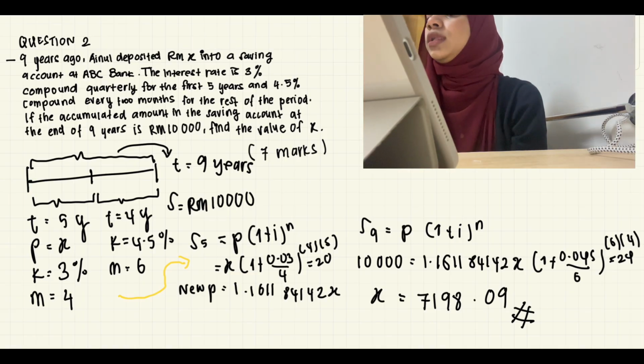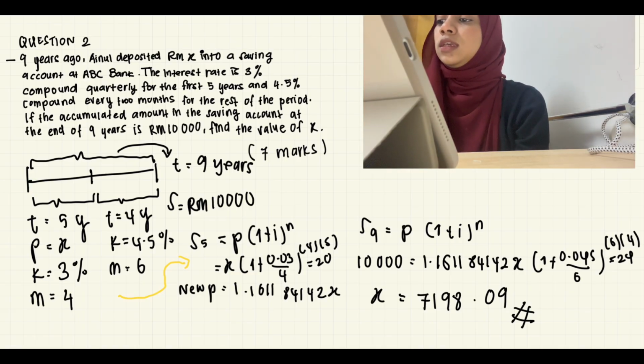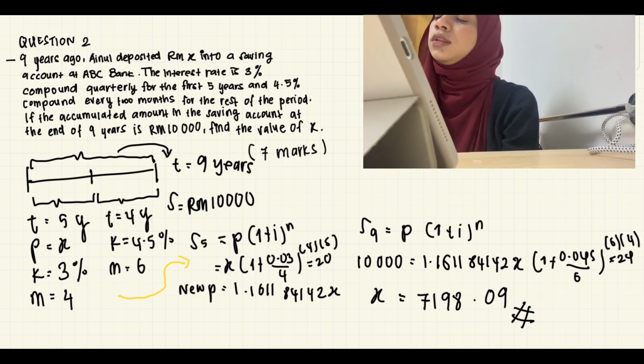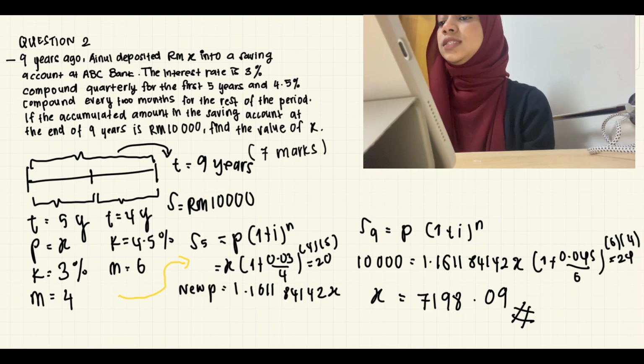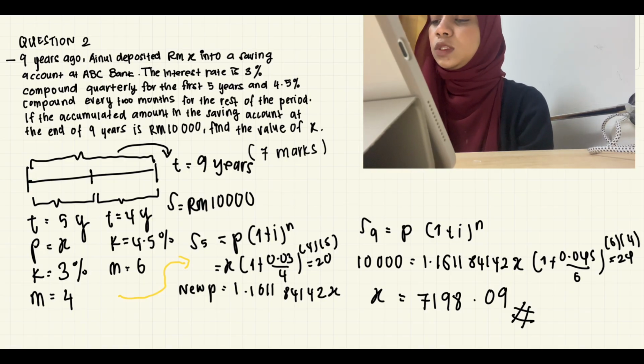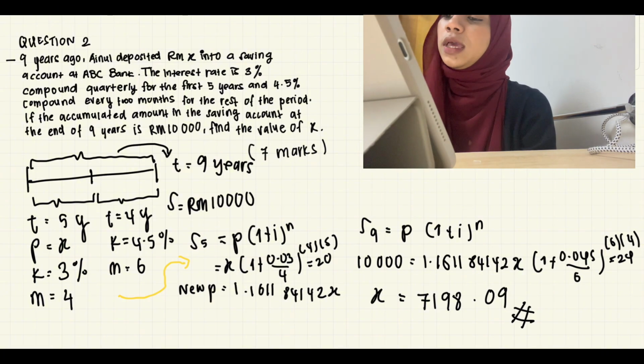So as we know, the RMX is P, t is 5 years. The percent, which is k, is 3% and m is 4. For the rest of the period, the years t is equal to 4 years, k equals 4.5% and m equals 6. As RM10,000, total of the years is 9 years. First one, we put the formula, which is S5, because for the first 5 years, equals P bracket 1 plus i bracket n.